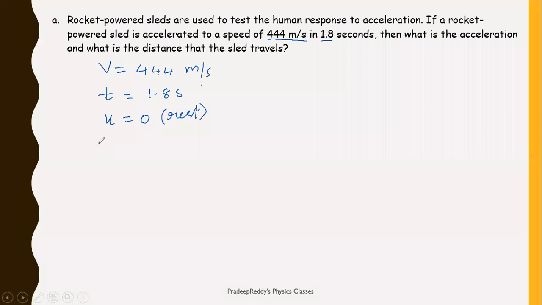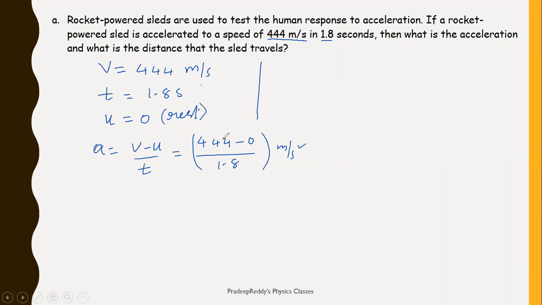Now you are supposed to find out acceleration. Acceleration is equal to v minus u divided by t. V is 444 minus 0 divided by 1.8 meter per second square. This gives you acceleration. Next, you should find out the distance the sled travels.